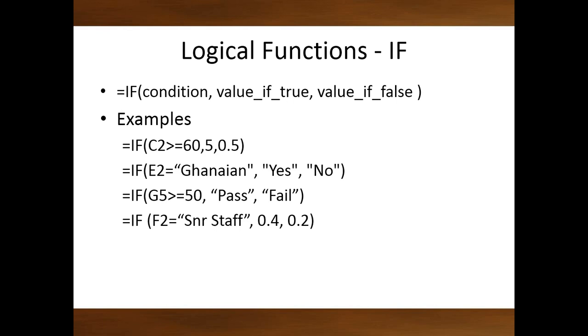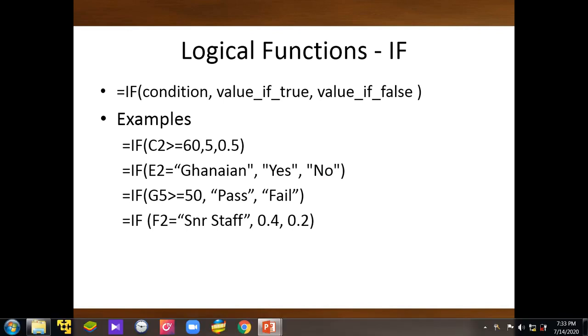So here, if the value in E2 is Ghanaian, then return yes. But if the value in there is not Ghanaian, then return no. So for instance, if you are looking for people who can be presidents in Ghana, you have a number of people staying here in Ghana.